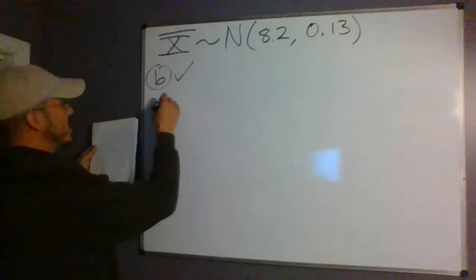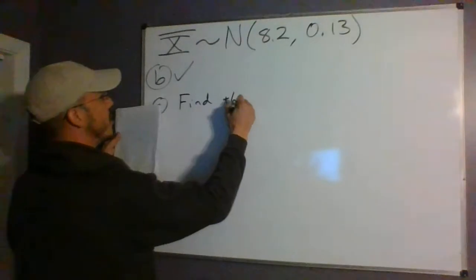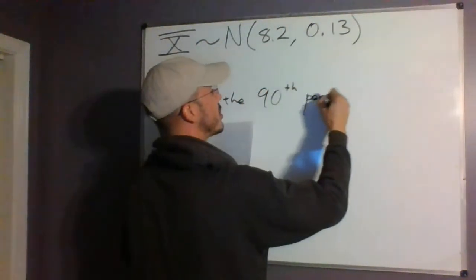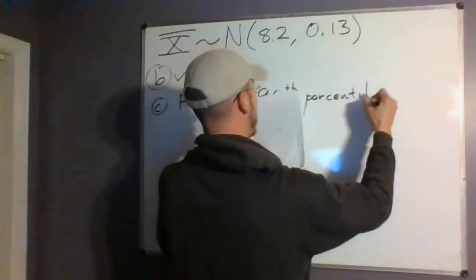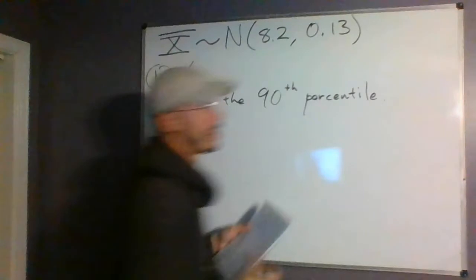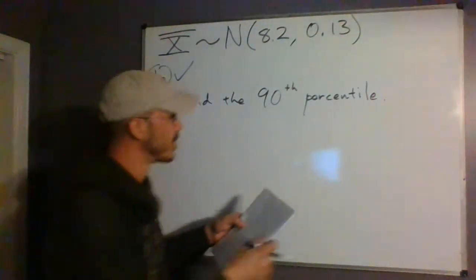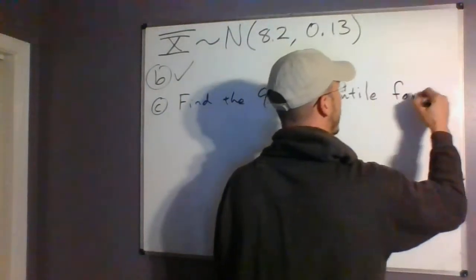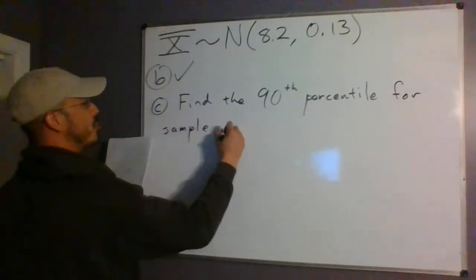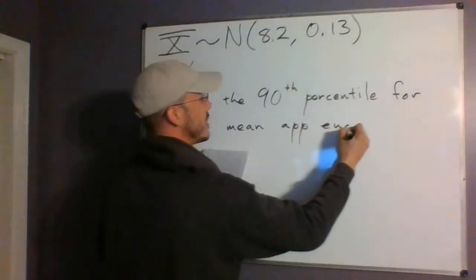For part C, I'm going to find the 90th percentile for the sample mean app engagement time.